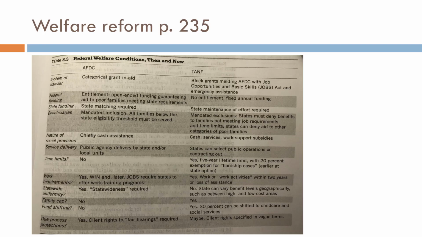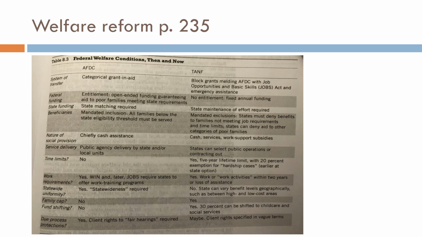Work requirements, both had work requirements. They're a little bit more strict, I guess, that's the word to use, under TANF. Statewide uniformity, meaning does the program get implemented the same statewide?